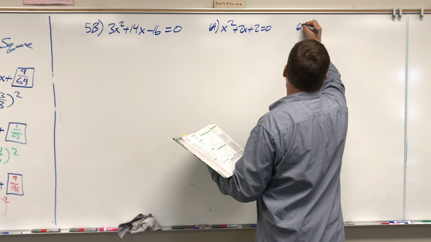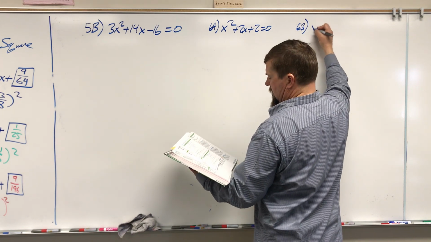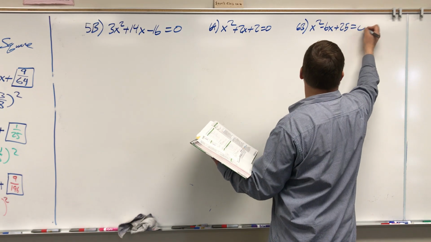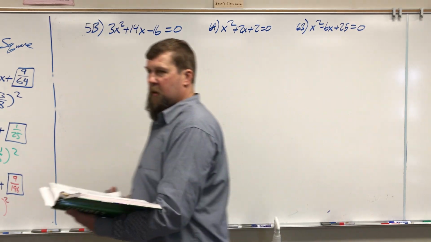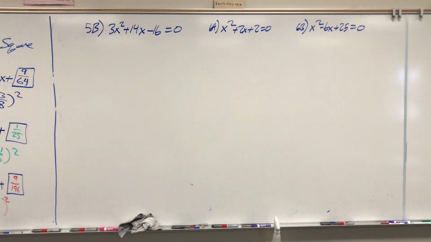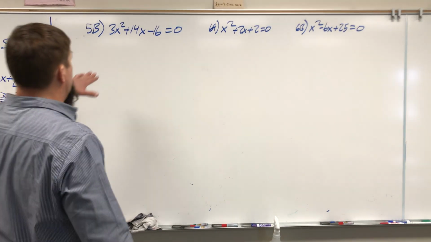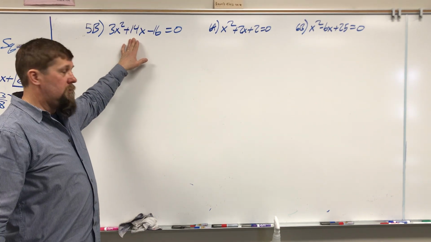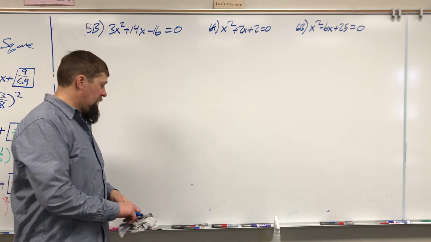And 6b is x squared minus 6x plus 25 equals 0. Now, like I said, if you would like to try this one right now on your own, pause the video and I'll be going over it here and you can start it back up when you're done to see how you do.